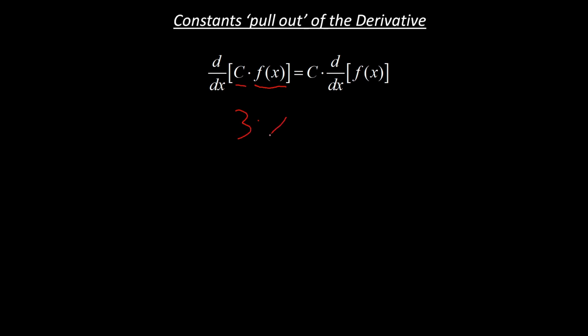Constants we can pull out of the derivative. What do I mean by this? Let's say we have some function multiplied by some number, like 3 times x squared. When that's the case, this number we can pull outside of the derivative.